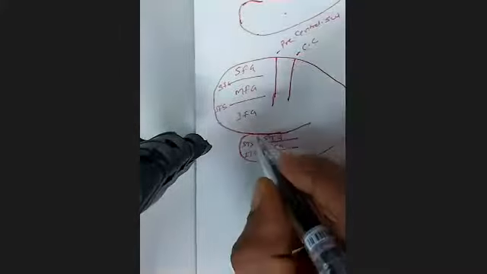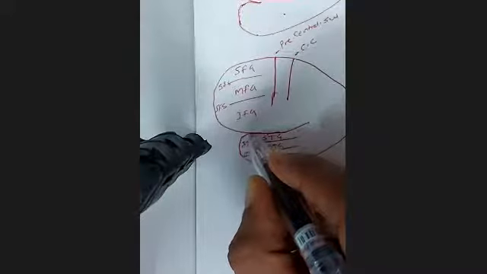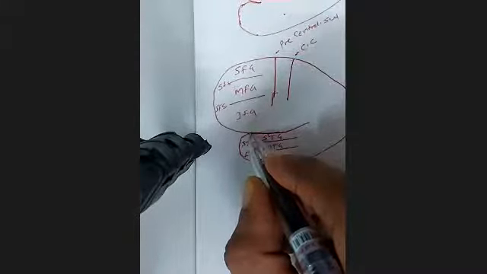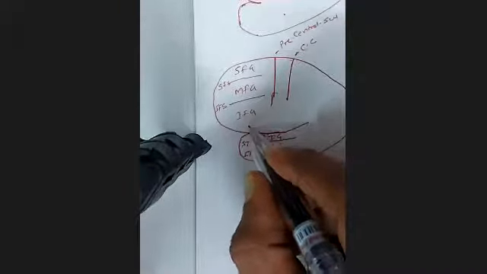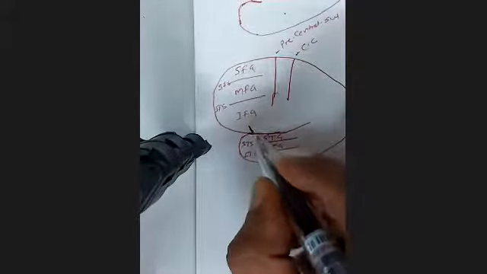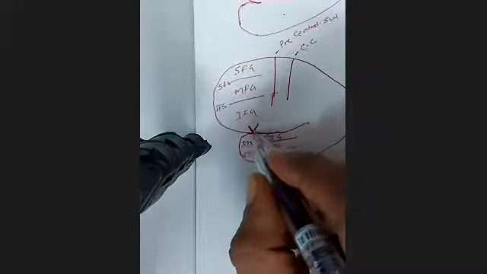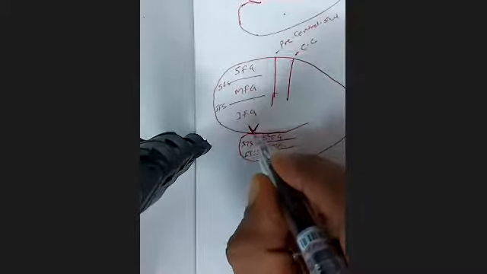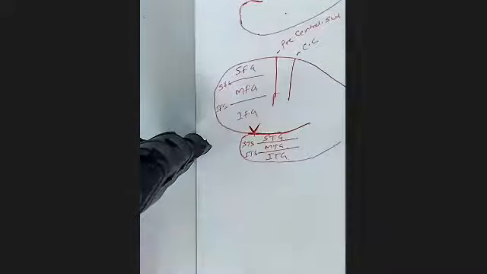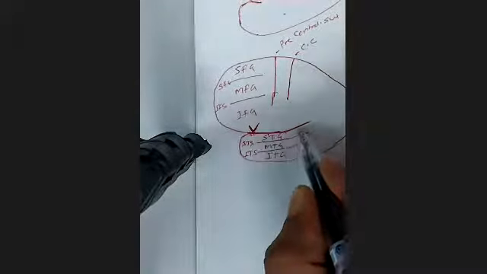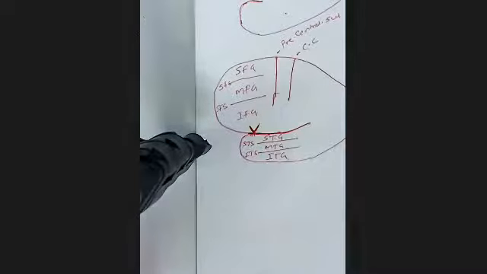Now this is the lateral sulcus. This part is called the stem of the lateral sulcus. Then there is the anterior limb, ascending limb, and posterior limb. This part is called the posterior limb of the lateral sulcus.